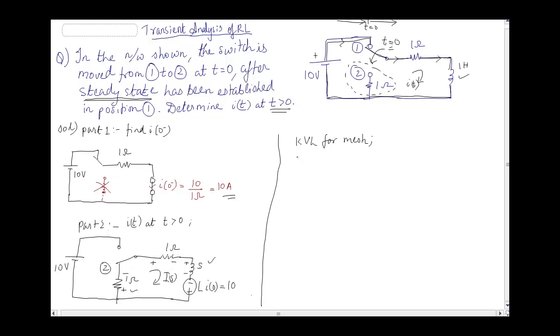So now if I write the equation, it will be I of s into 1 plus I of s into 1 plus s I of s, and then minus 10 is equal to 0, from which I will get 2 plus s, I of s is equal to 10, or I of s is equal to 10 by s plus 2.